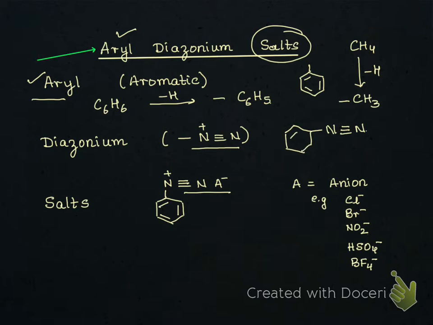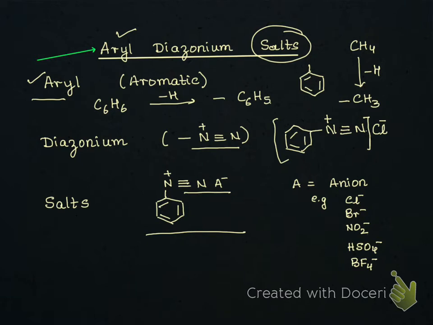With the result, it is short of electrons and acquires a positive charge. Now, because it acquires a positive charge, it will need something negative to balance it. And that gives us the resulting salt, what we call as the aryl diazonium salt in general.